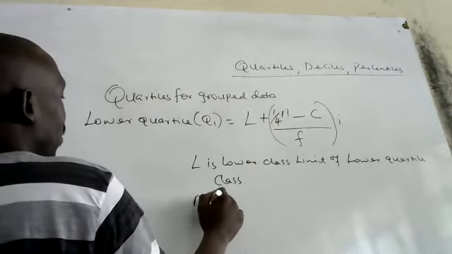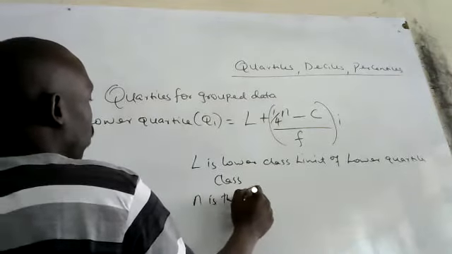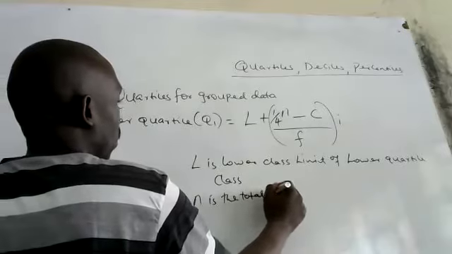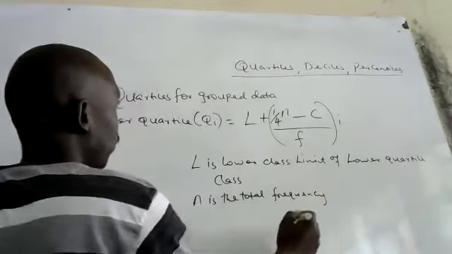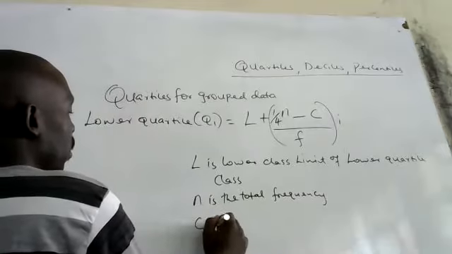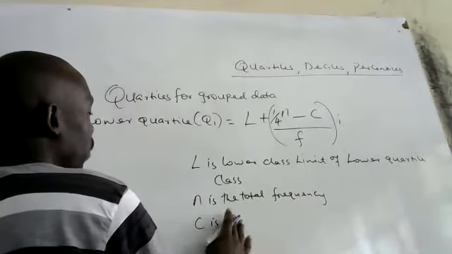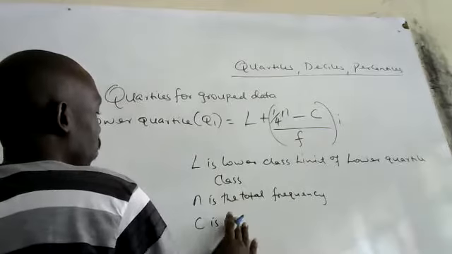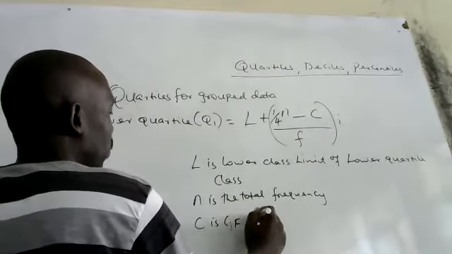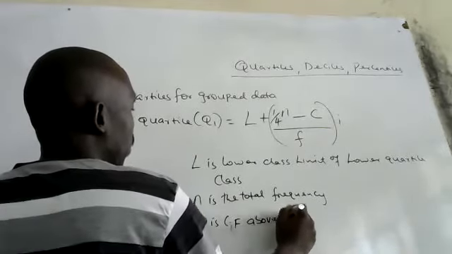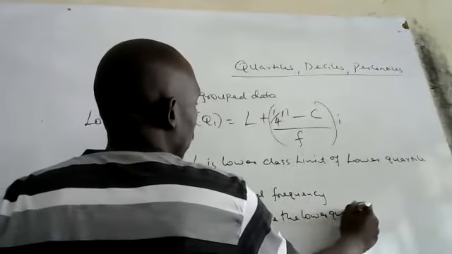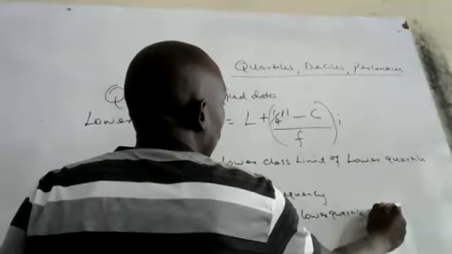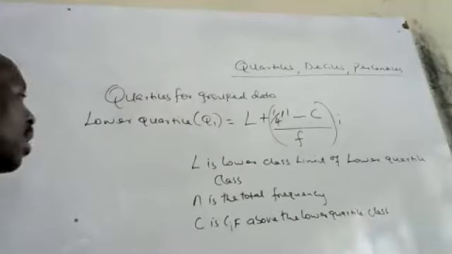N is the total frequency. C is the cumulative frequency above the lower quartile class.